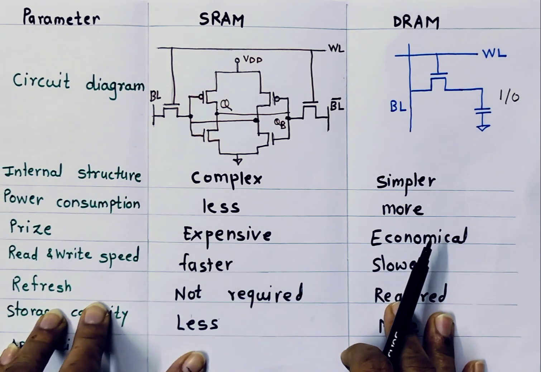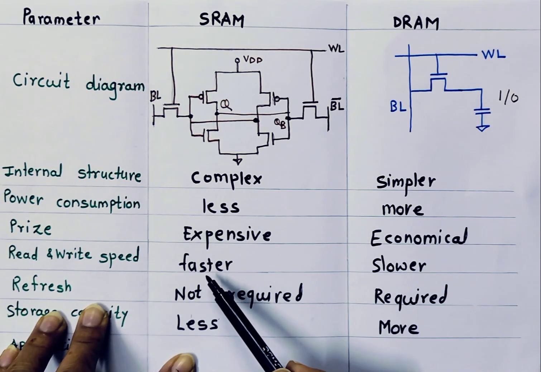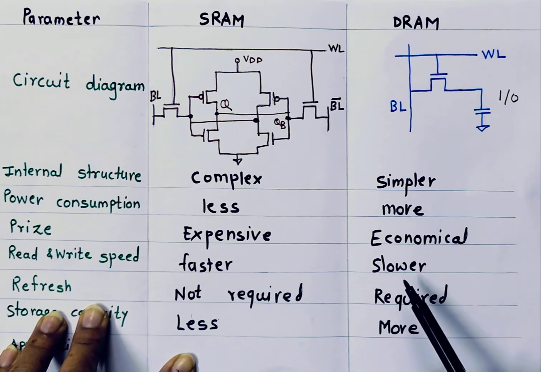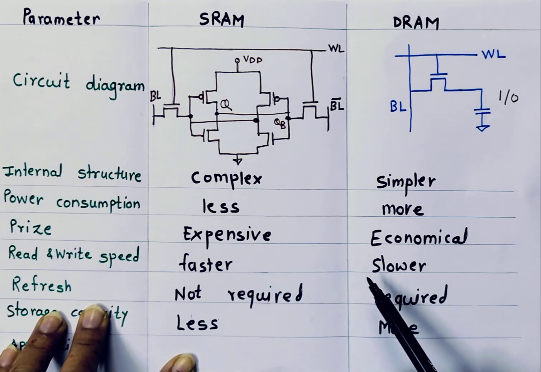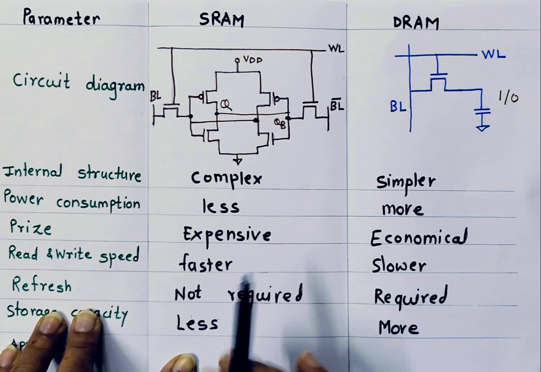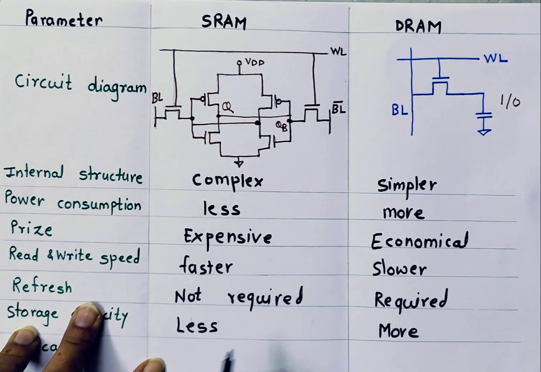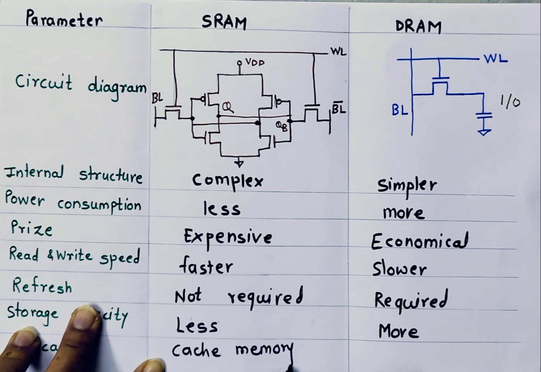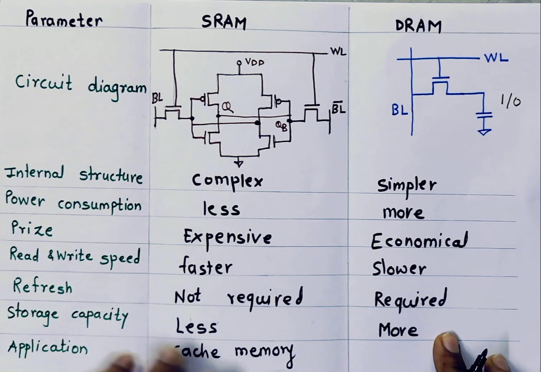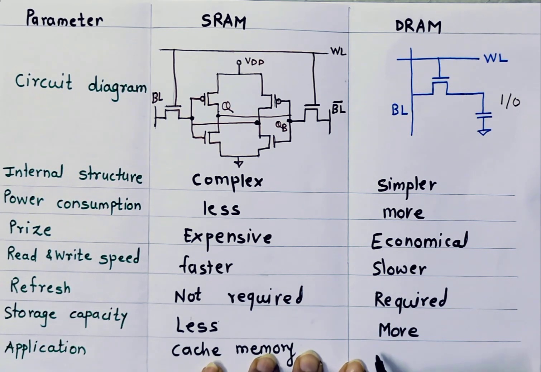See, you can see here, in case of SRAM, speed is very high. And here, as compared to SRAM, speed is less. So, SRAMs are mostly used in cache memories, whereas DRAMs are used in primary memories of our computers, laptops.